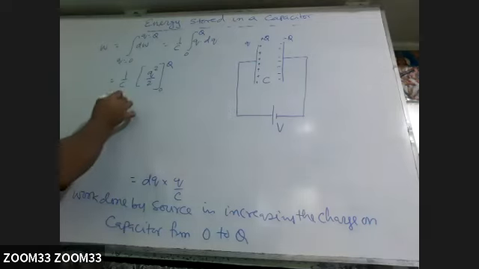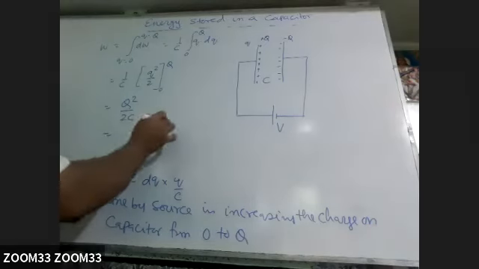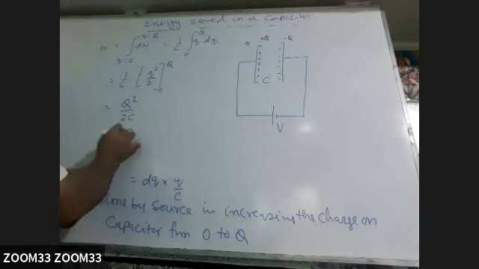This is Q square over 2C. And this Q is C into V.